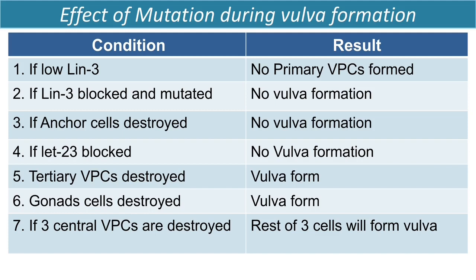As we discussed earlier, all these 6 VPCs have equal potential for vulva formation. So if the 3 central VPCs are destroyed, then the rest of the 3 cells are now able to get the Lin-3 protein, and these cells are able to form the vulva.